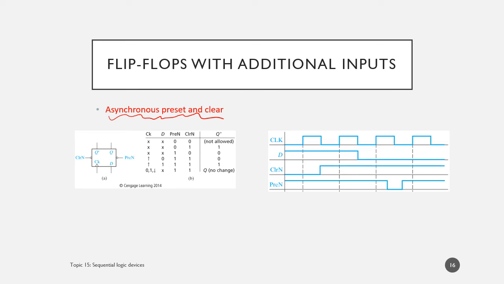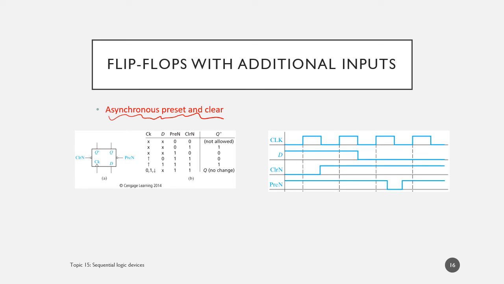But for asynchronous inputs, they don't have to wait for the clock signal. You can think they have higher priority than the clock signal. Once they are active, the output will change depending on those values. Like you can overwrite the clock signal.